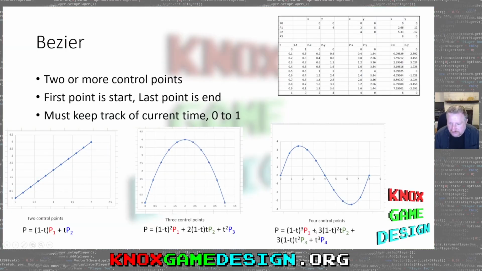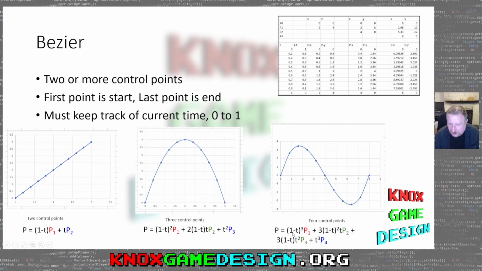this is the function for 4 control points. If I was doing a train, or a car, or an enemy, like flying enemies, I could figure out where it is based on the current time, what point on that curve it's at, using this function.